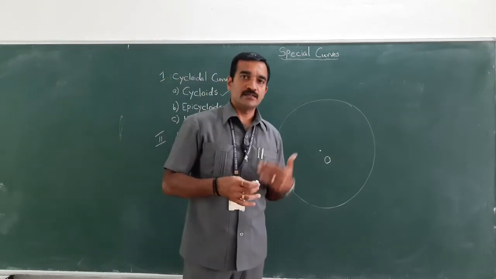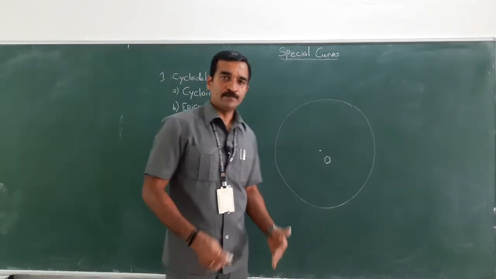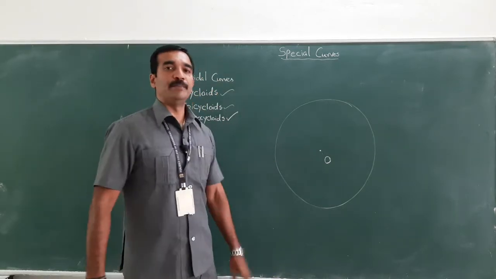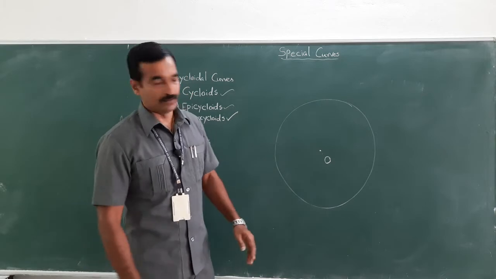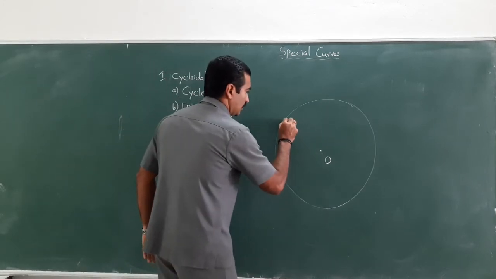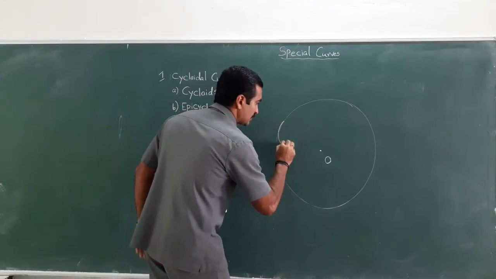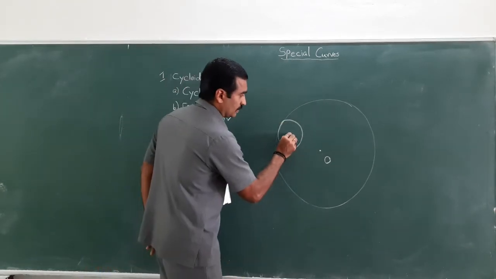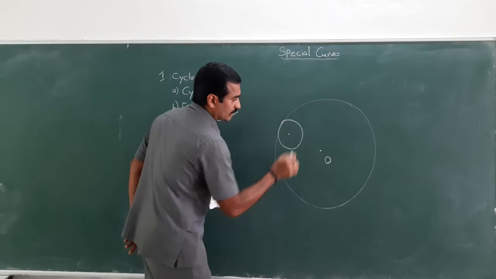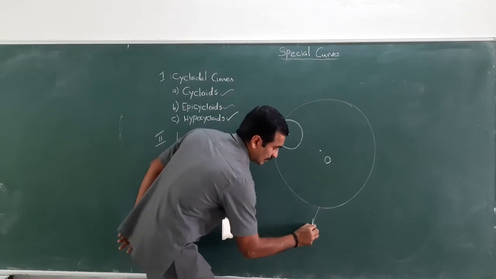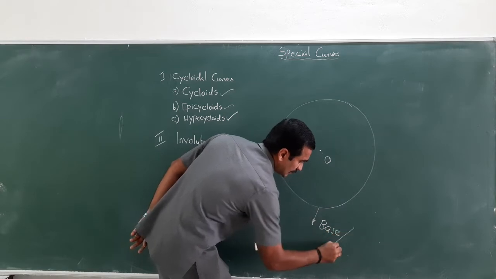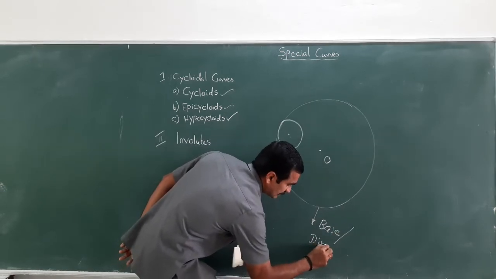See, as far as hypocycloid is concerned, this rolling circle rolls inside of the base circle or the directing circle. Sorry, this is the rolling circle or the generating circle, right? This bigger one is nothing but the base circle or directing circle.